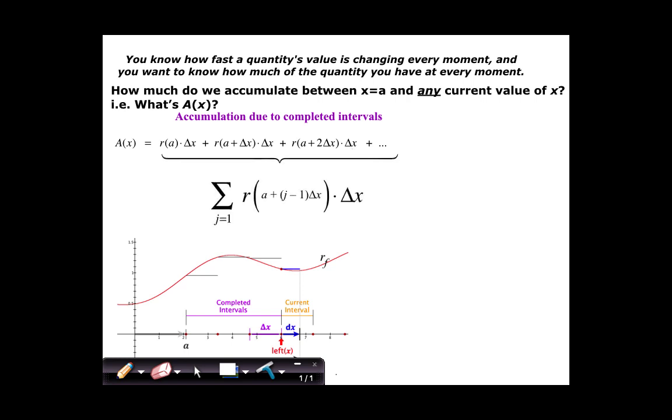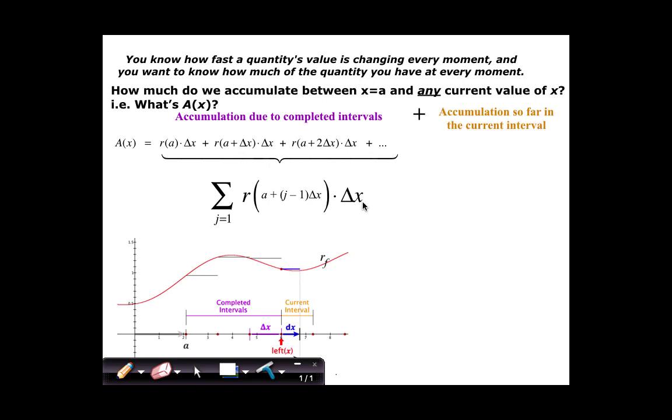But all of these completed intervals, that's what forms the sum, the summation symbol portion of the accumulation that we have, where we have the rate evaluated at various points past A plus some whole number of delta x's, including 0 as a possibility. Each one of those rates times the width of the interval, if it's a full, completed interval. And then we just have to express how many intervals there are.